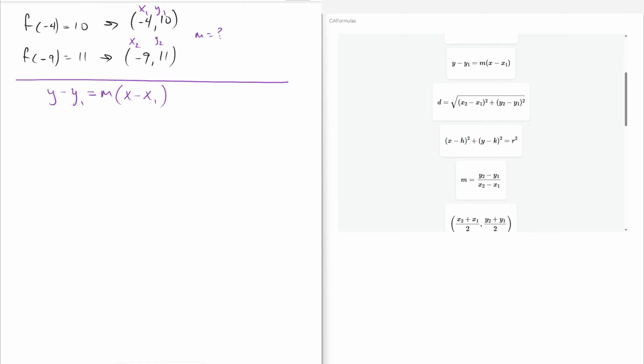But I don't know my slope yet. So that's why we say I need to find slope first. So slope is this equation right here. Slope just says y2 minus y1 over x2 minus x1.